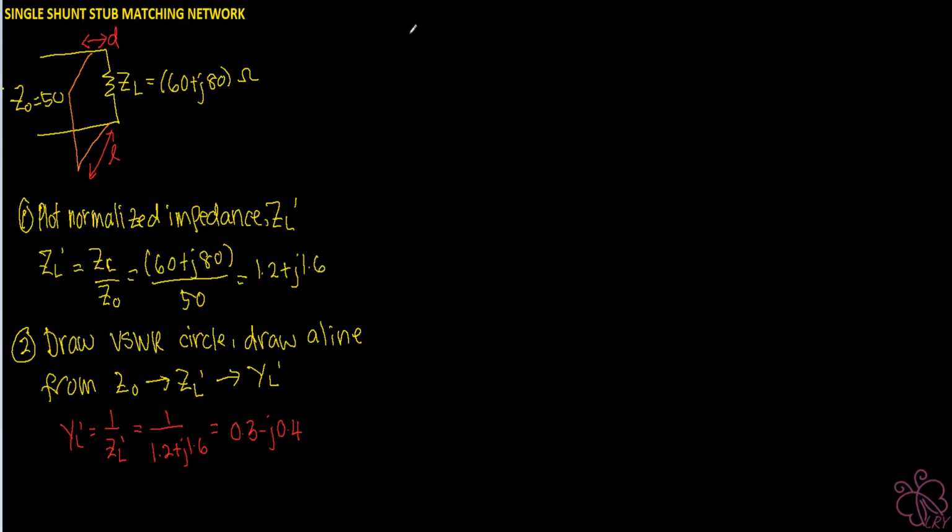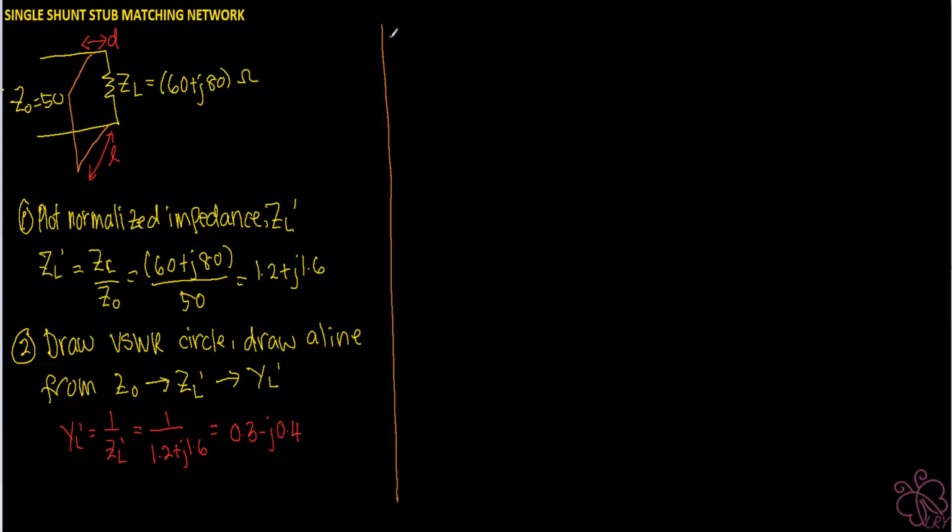So we write down step number 3. Step number 3 is to rotate YL prime towards generator to match the real part.